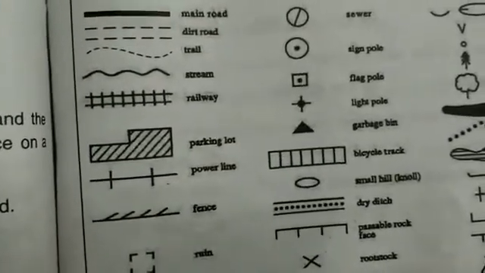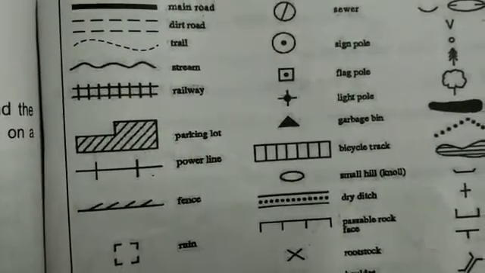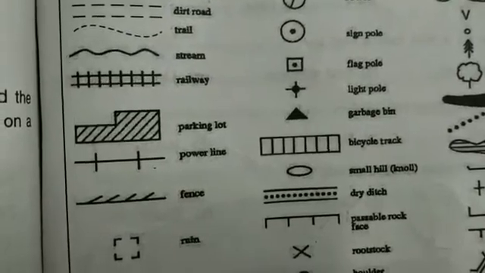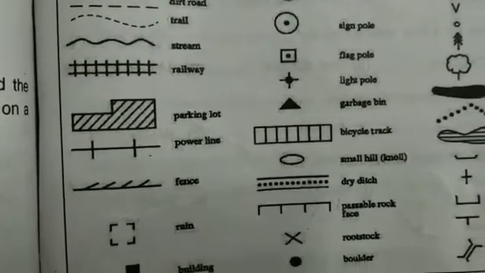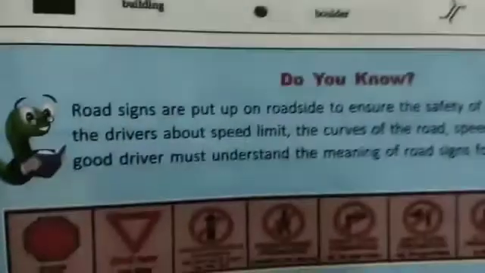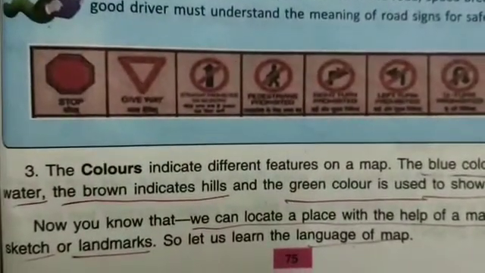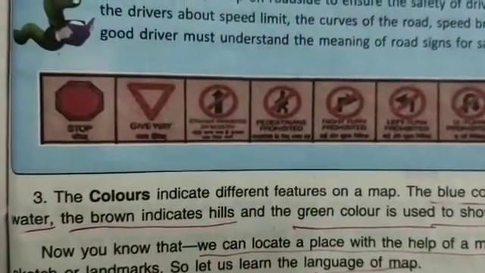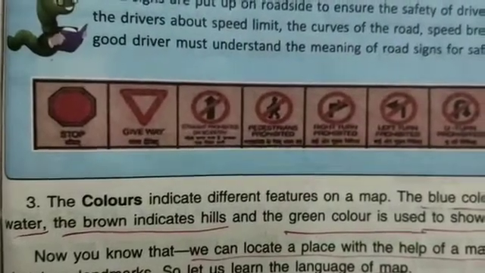And what is a symbol? A symbol represents a real object that may be in the form of a simple drawing, letter or a shape. What is the use of color on the map? A color indicates different features on a map. For example, the blue color indicates the water.